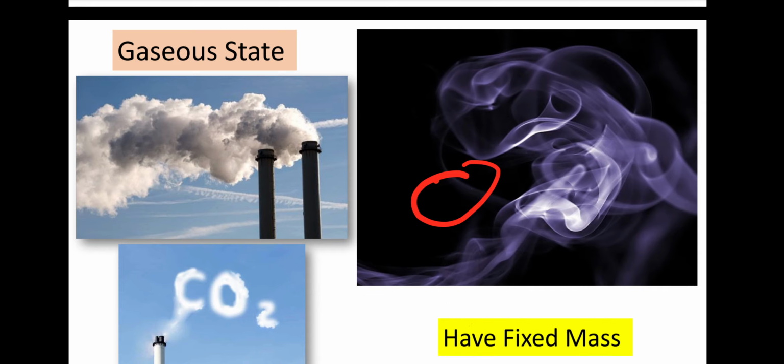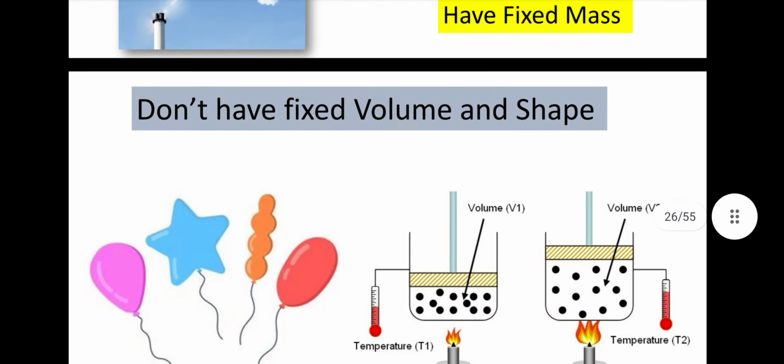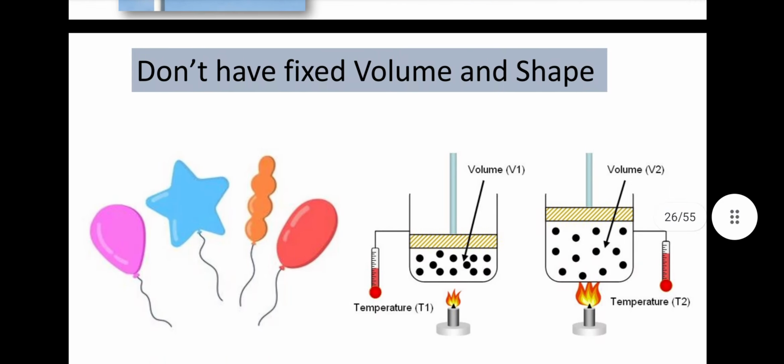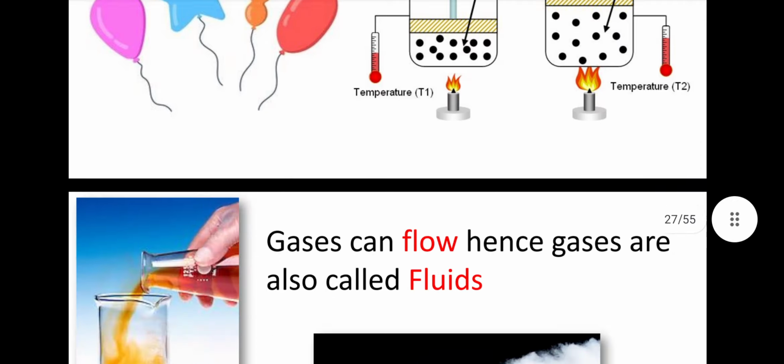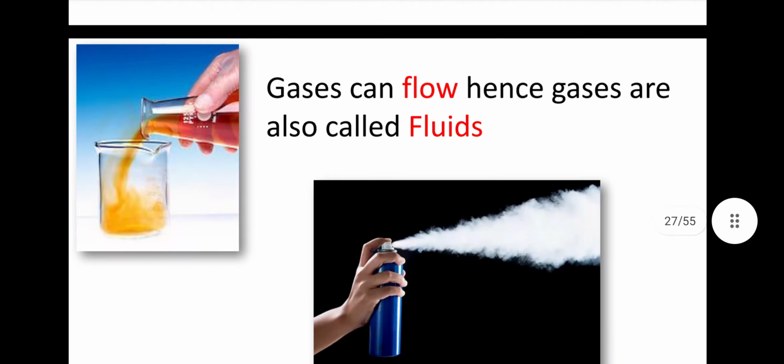Now let's continue. As I said, they don't have a fixed volume nor shape. Gases can flow, hence gases are called fluids. That is true. Now can you tell me why they are fluids? I'll tell you why.